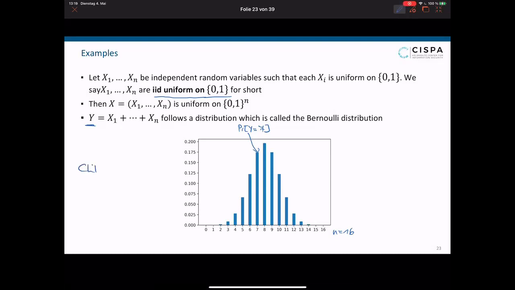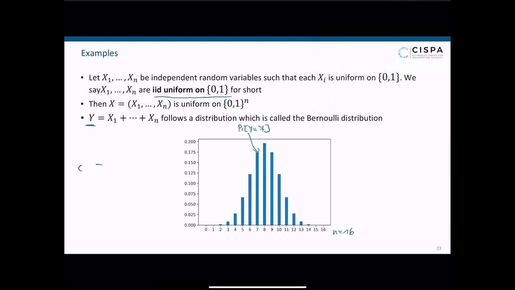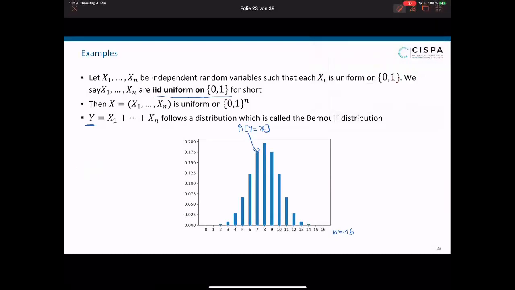The reason is the central limit theorem. That's so important in math. It says that if you let n go to infinity, then this converges to the normal distribution.